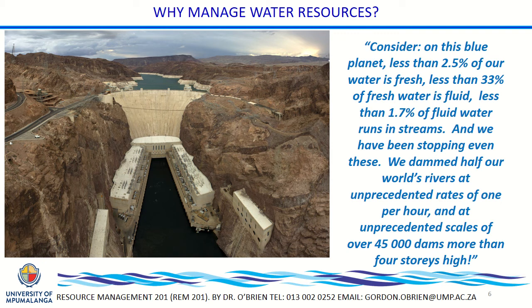We have dammed half of the world's rivers at unprecedented rates of 1 per hour and at unprecedented scales of over 45,000 dams more than 4 stories high. We have the power to stop and transform the Nile, the Amazon, the Congo, you name it, we can do it. Who said this?